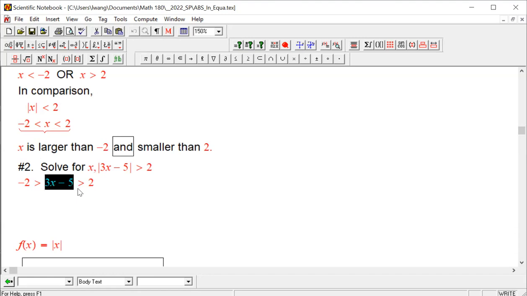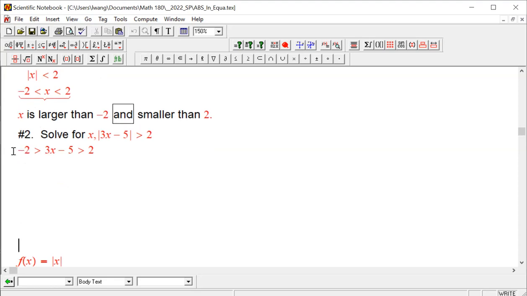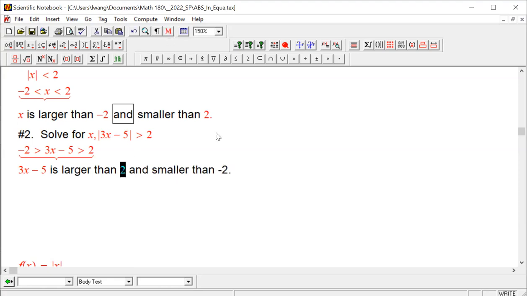If you treat this as a single quantity, you're telling the reader that 3x minus 5 is larger than 2 and smaller than -2. Obviously, that's not going to happen, not in a million years, not even in a trillion years. It will never happen.